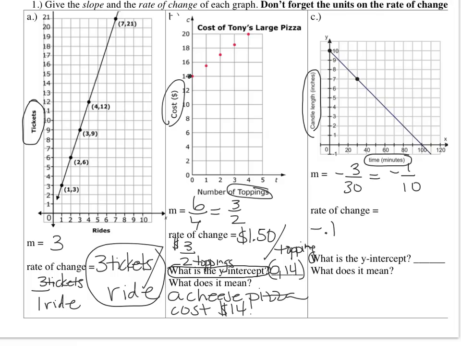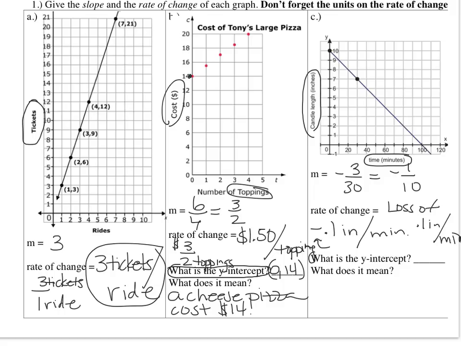So because the top is inches, you would say -0.1 inches per minute. So we're losing 1/10 of an inch of the candle every minute. And so lots of times when your rate of change is negative, instead of putting the negative sign there, you would just write it's a loss of 0.1 inches per minute.